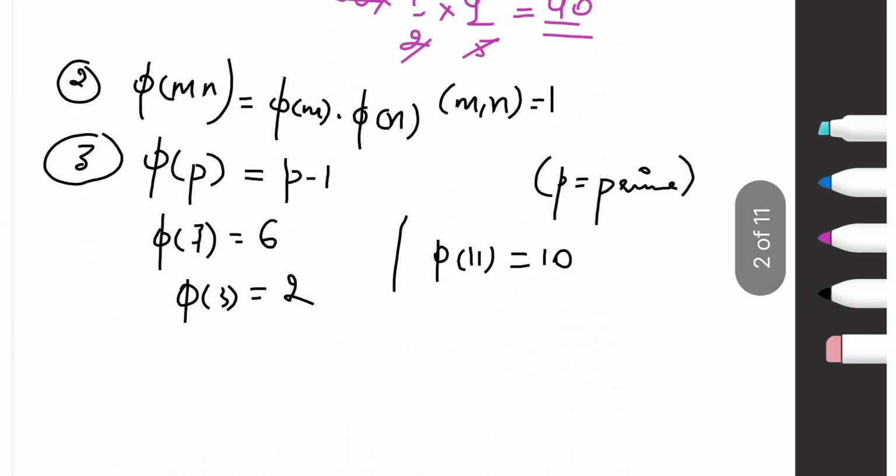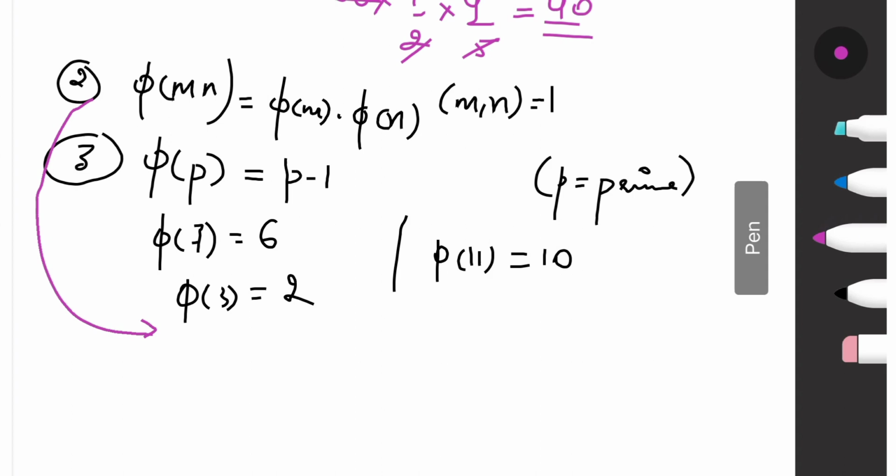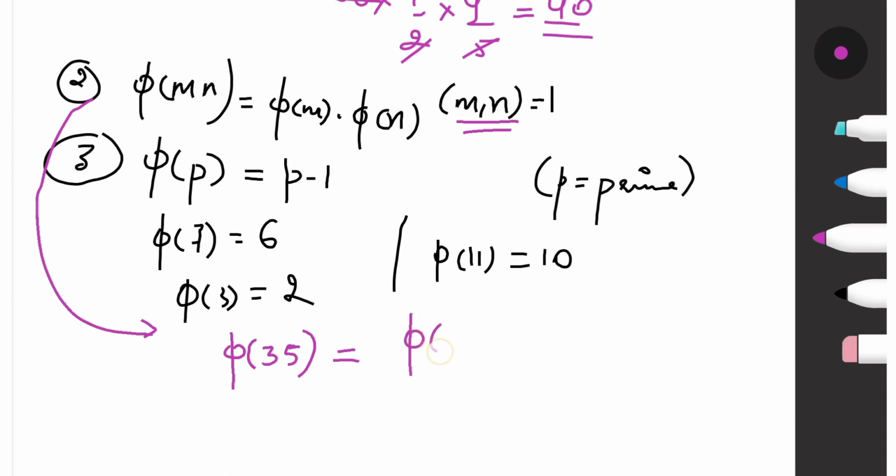Now suppose we have to find the Euler function of 35. So I am splitting this 35 in such a way that the GCD of m and n should be 1. So I can write 35 as 7 into 5. Now we know that the GCD of 7 and 5 is 1.